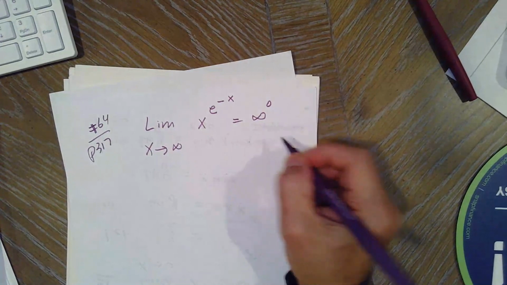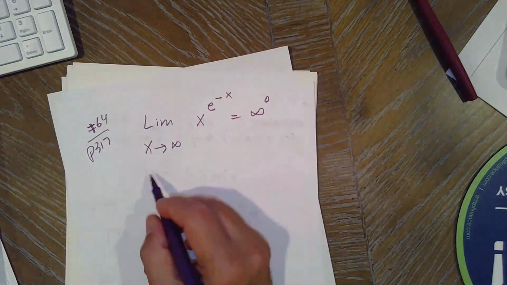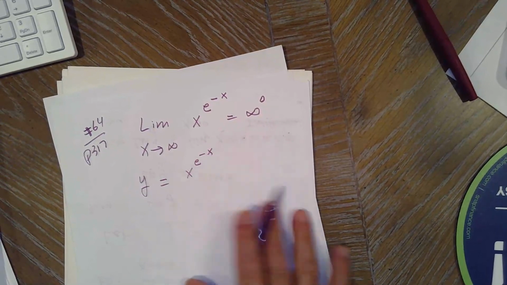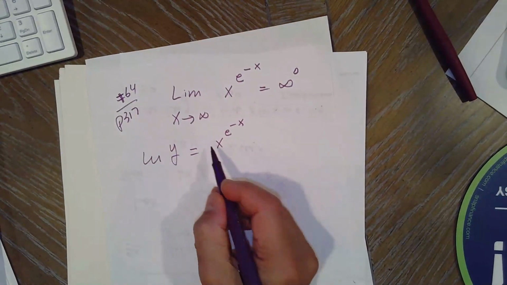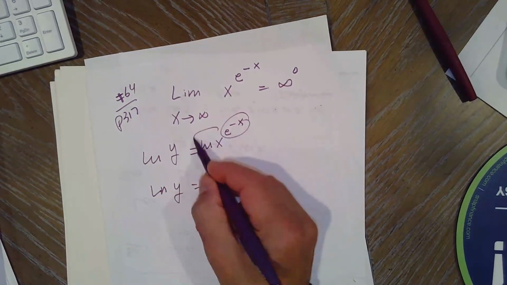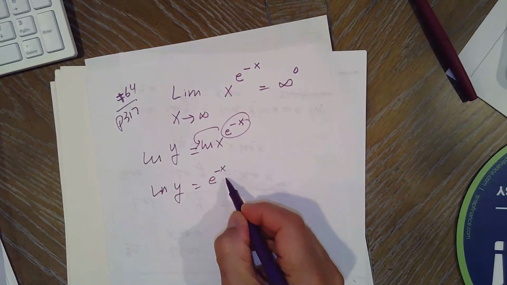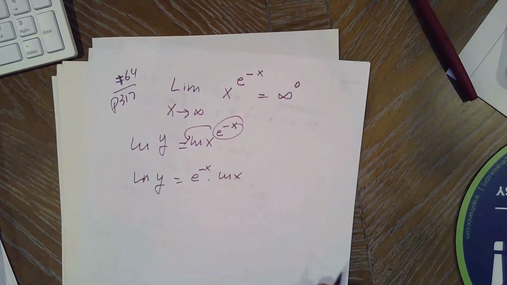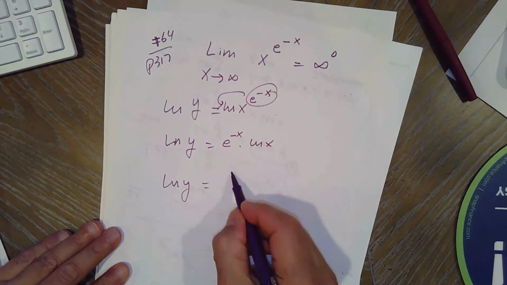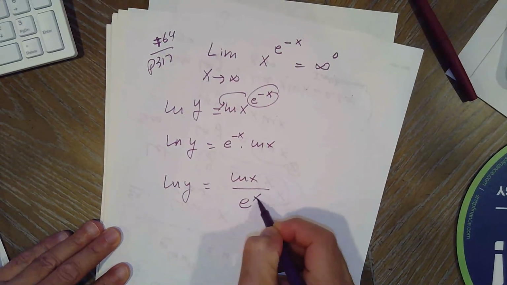And that's an indeterminate form. So we're going to do the same again. Y equals x to the e to the negative x, and then do ln of both sides. So ln of y equals, this goes up front, e to the negative x times ln of x, which I would write right away as ln of x over e to the x, since it has a negative exponent.